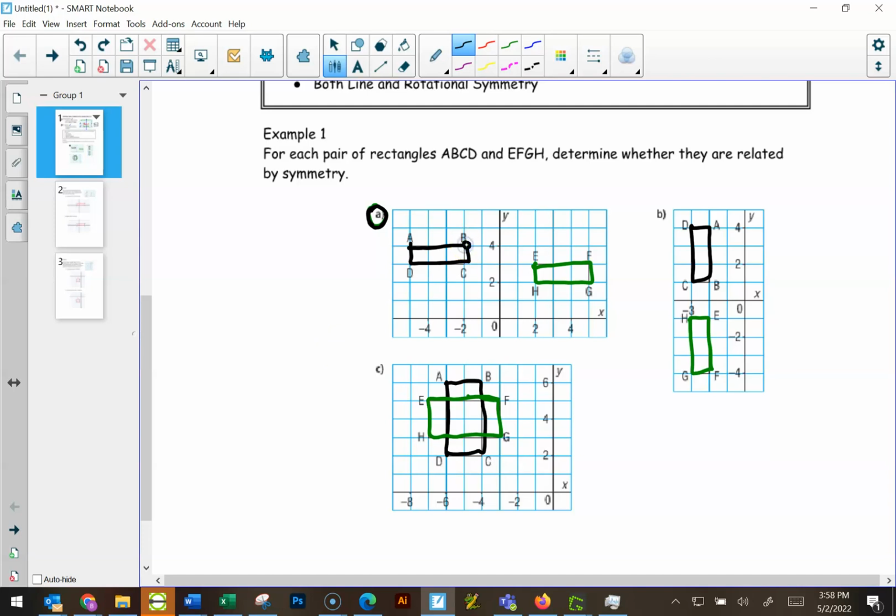Let's just say I took point B, and I just draw a line from B to H. It looks like it can go through that point 180 degrees and end up where we needed to end up. Now, is that correct or not? I just got to sort of track it here. If B ends up there, 2, down 1. No, that's not the right line, and I'll show you why.